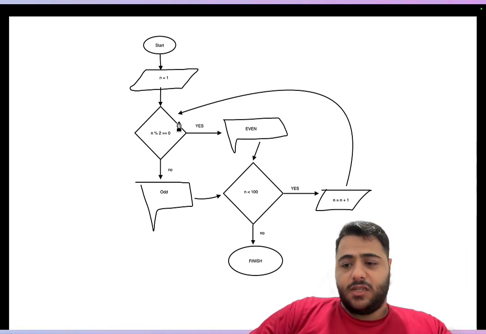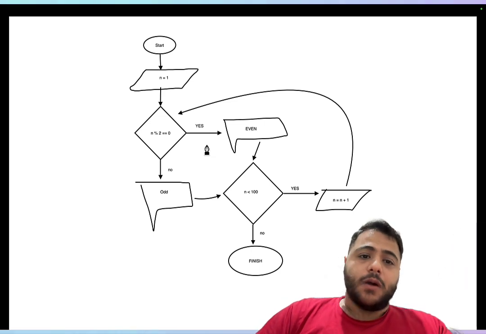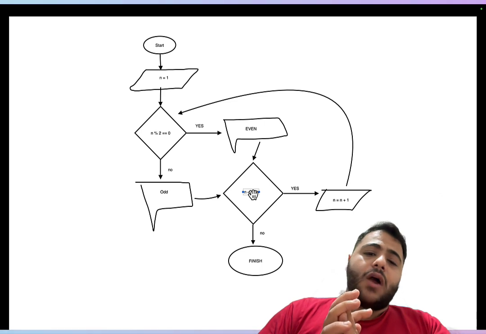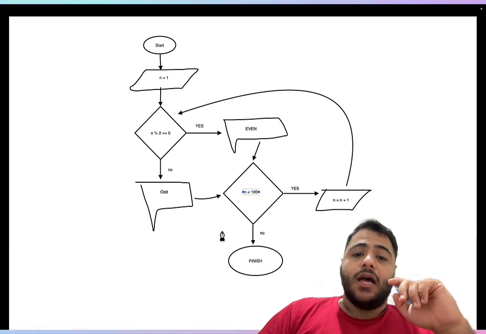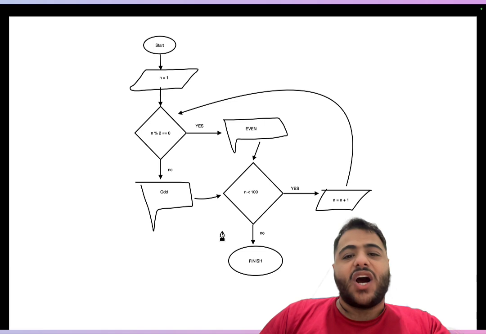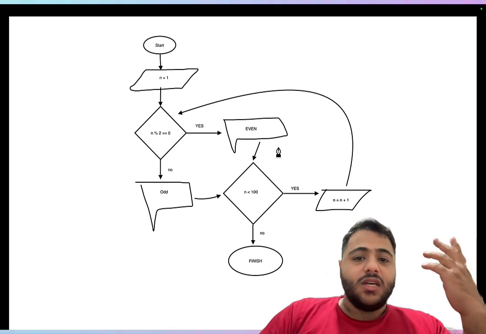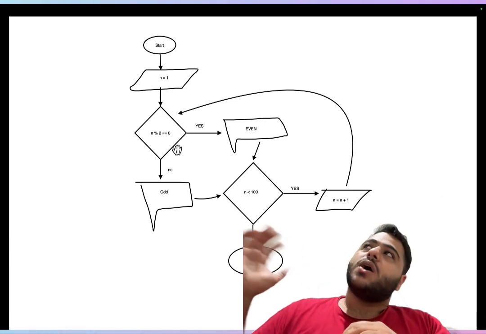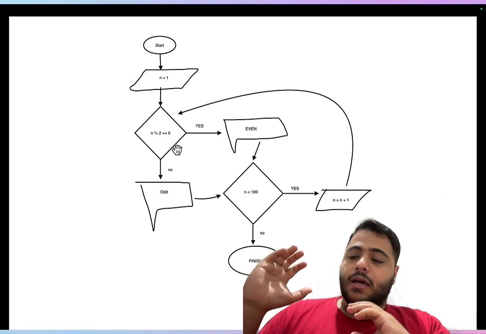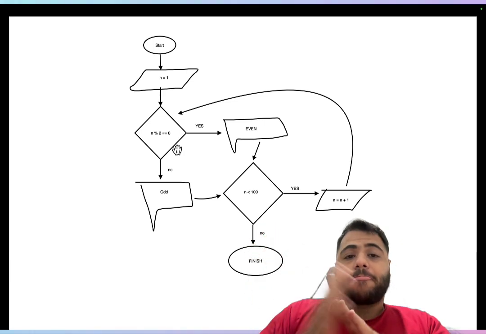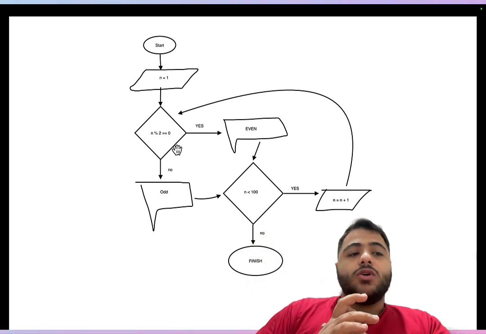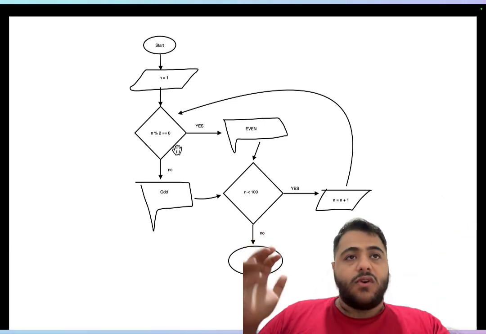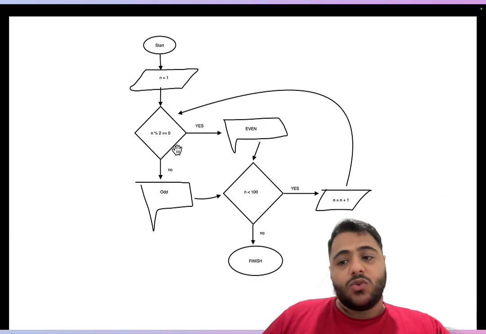You start from n is equal to 1 all the way to the point that n has reached 100, and all you do is not this part of junk. You're just going to add n to something that represents the addition. So you have to sum up all the numbers starting from 1 all the way to 100, and that's your homework.